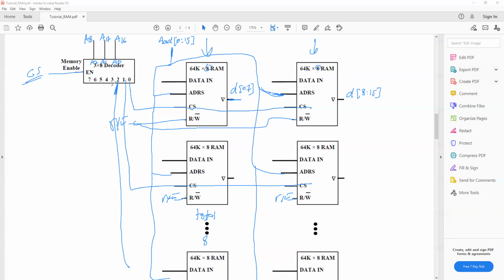Each one of these will go into one row of memory that you have. Left and right, this is to provide the 8-bit output. If it's going outside, we combine them together, and I get data from 0 to 15, the full 16 bits.